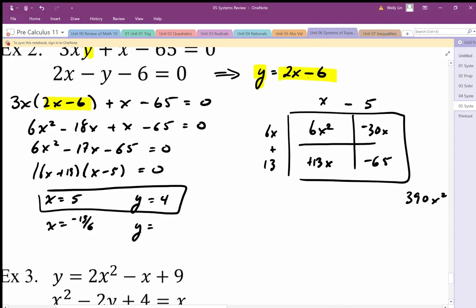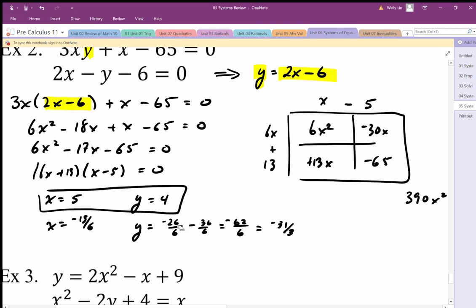And the y value when I plug in negative 13 over 6, that's going to be negative 26 over 6 minus 36 over 6. And so that works out to be negative 62 over 6, which simplifies to negative 31 over 3, or approximately negative 10 and 1/3.